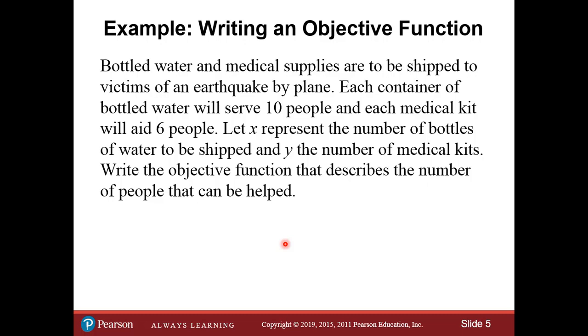So how many people can be helped with the bottles of water? For every bottle of water, it's 10.